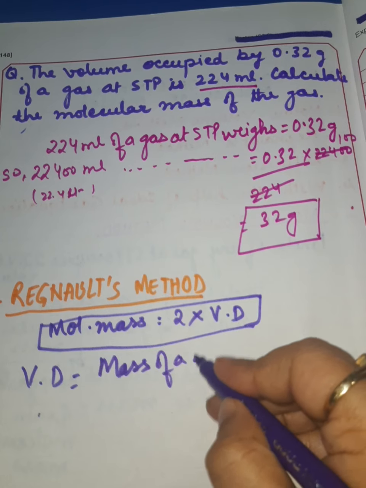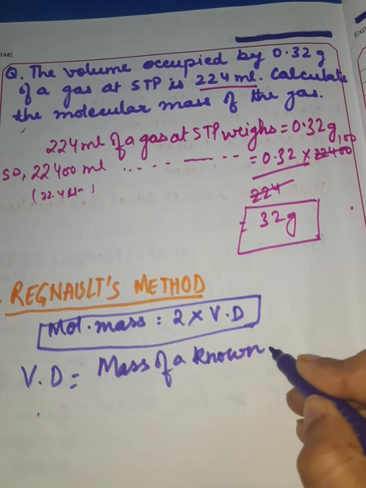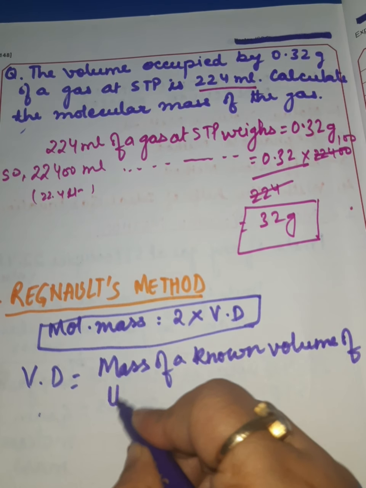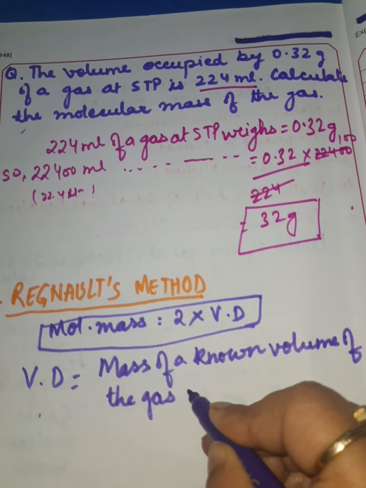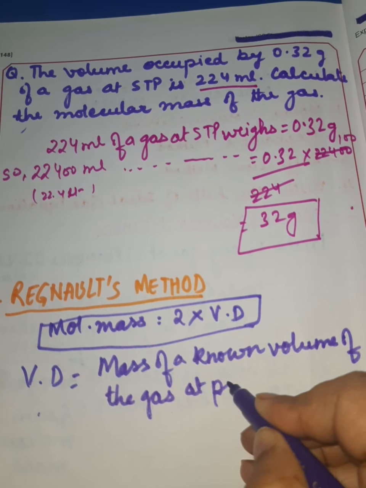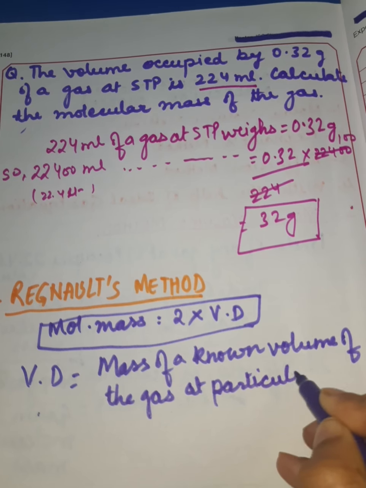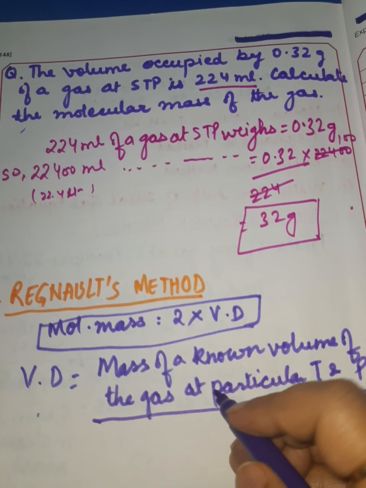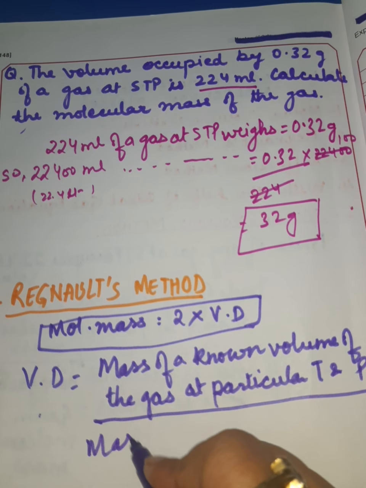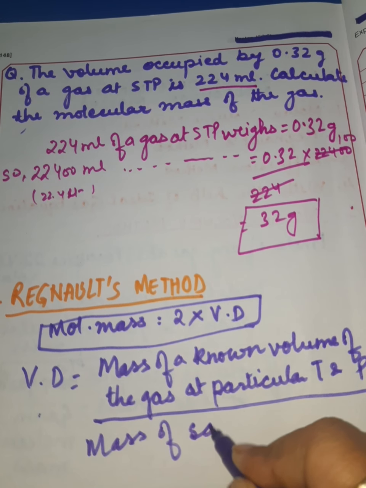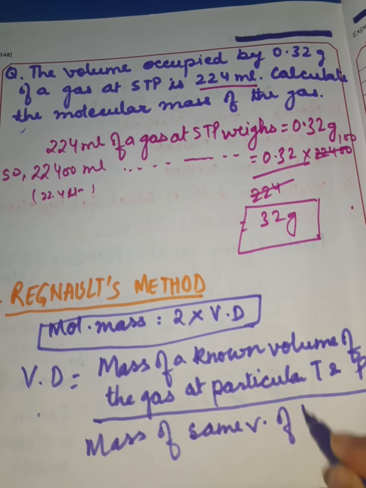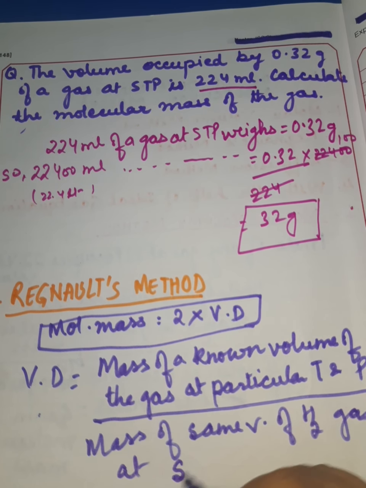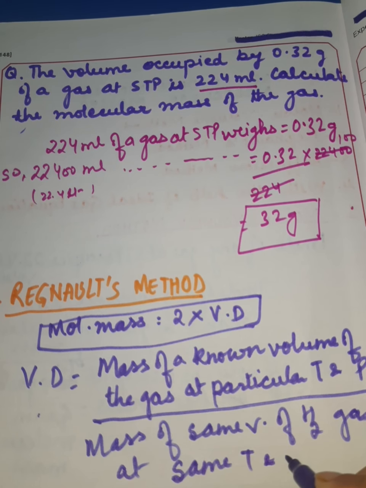of a known volume of the gas at a particular temperature and pressure divided by mass of the same volume of hydrogen gas at the same temperature and pressure.